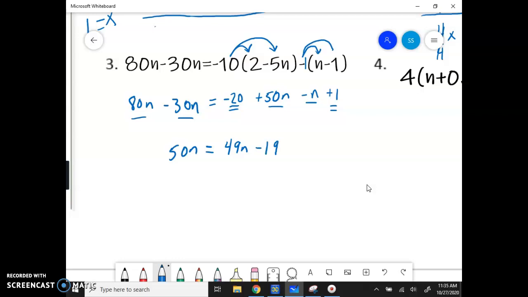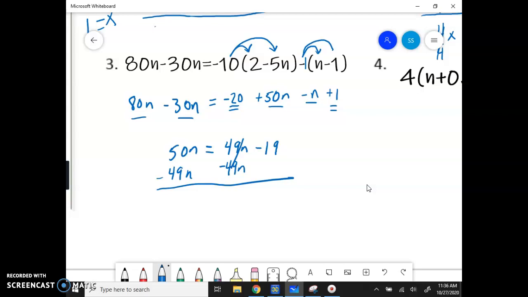All right, so now I've got variables on both sides and I've got a constant on one, so it makes much more sense to just go ahead and get the variables on the left side, and then also is nice because I'm eliminating the smaller of the two coefficients. So I go ahead and do that, subtract 49n on both sides.